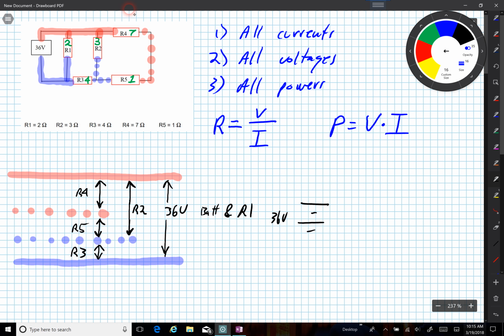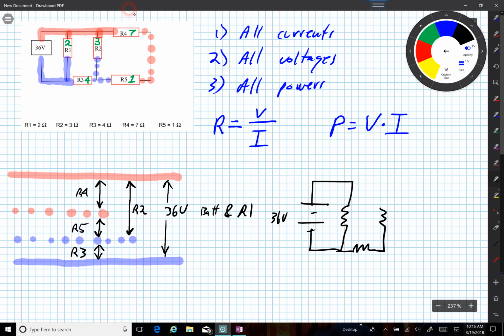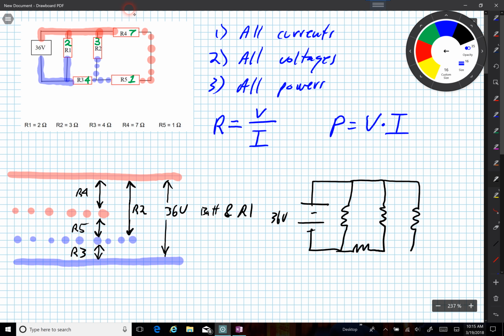Here's my 36-volt battery. Here's my R1. Here's my R3. Here's my R2. So this is R1, R3, R2, and this one is going to be R45.